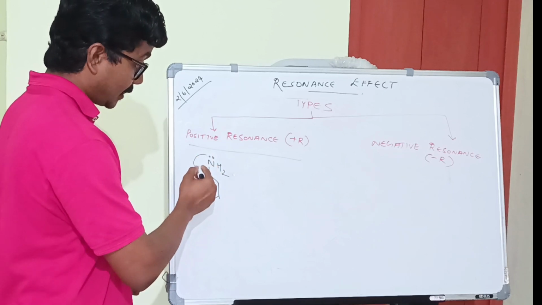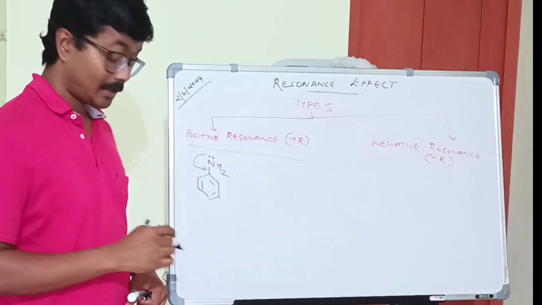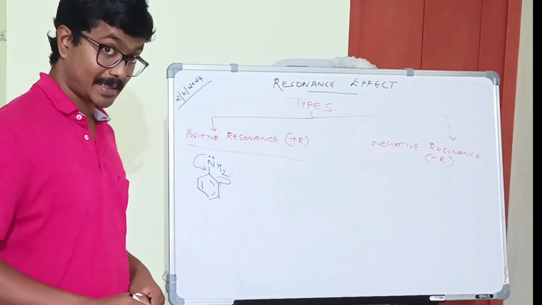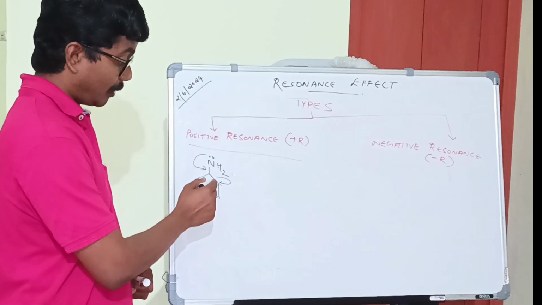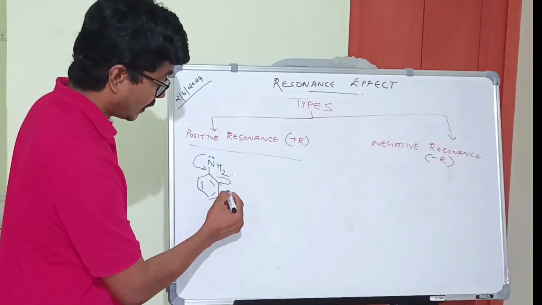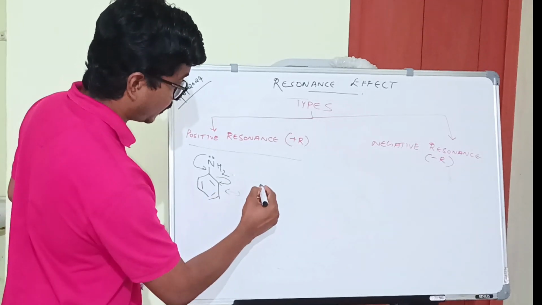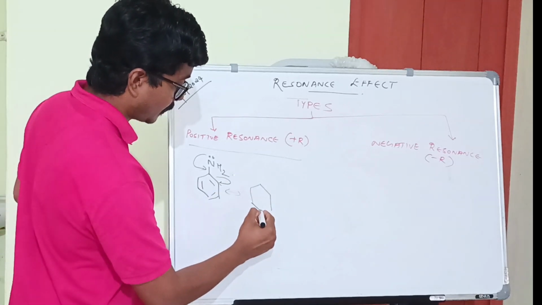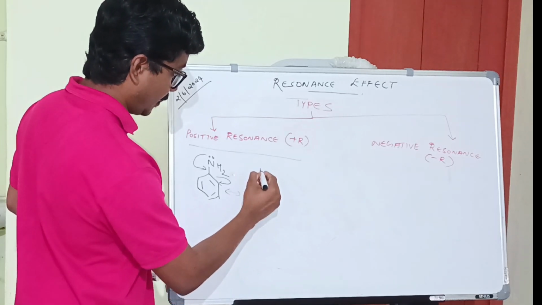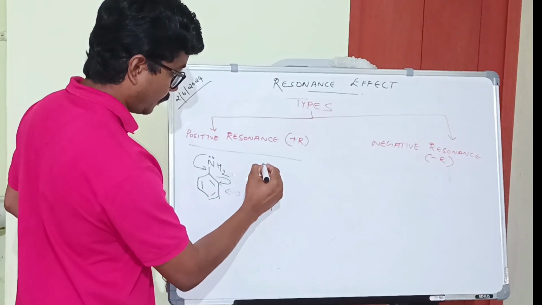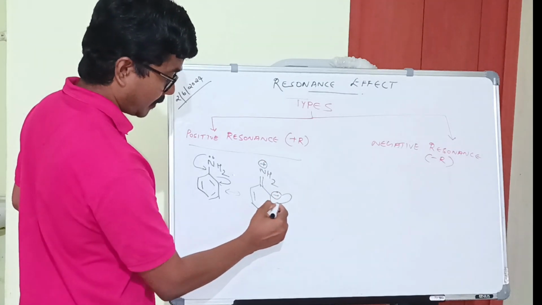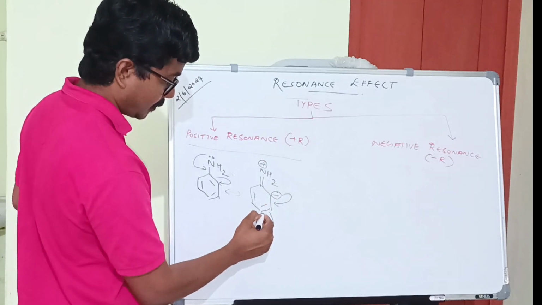So this lone pair comes to here, and the delocalization gets started, and the first pi bond inside the ring goes to the terminal, and as a result a double bond comes between N and the ring, a positive charge here, a minus charge, and the minus charge comes here, and this moves here.